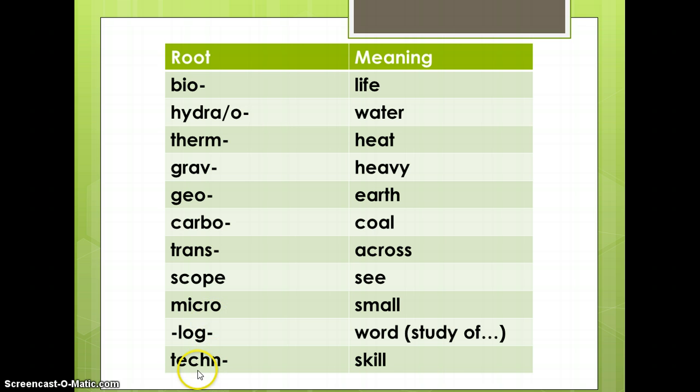And tech, T-E-C-H-N, really means skill. So what's a technician? That's a person that has a special skill. Technology, these are skills. So the more of these kinds of words that we know, and if we know their meaning, they'll help us understand words.